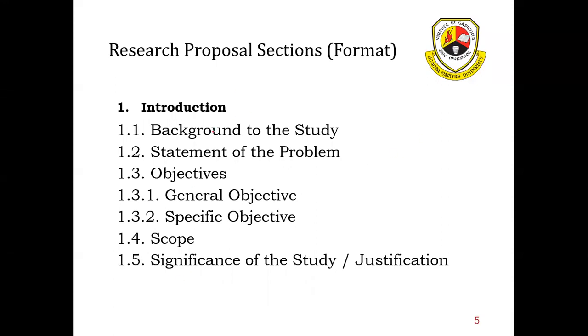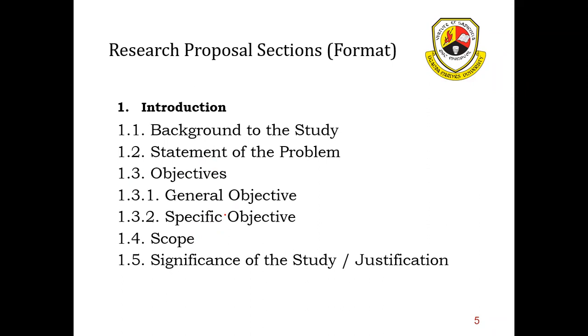So if you notice, chapter 1 is more or less the concept paper. That is the chapter 1 that would find all these topics that we had discussed. They are part and parcel of what we discussed in the concept paper. It is a little bit more elaborate. Yes, you gave a background study in your concept paper.